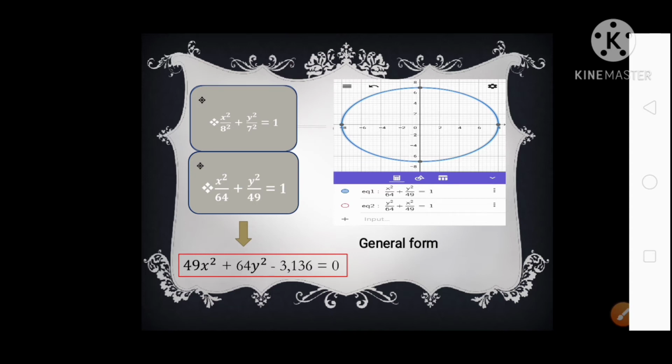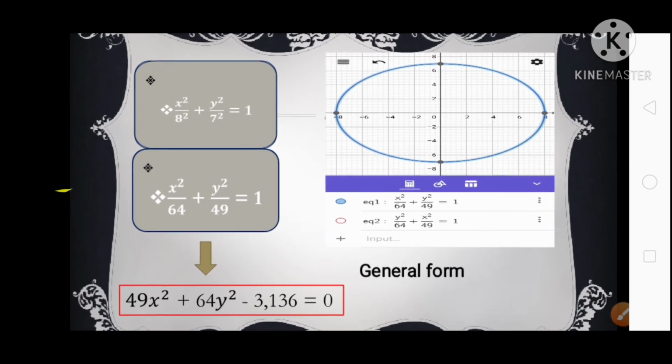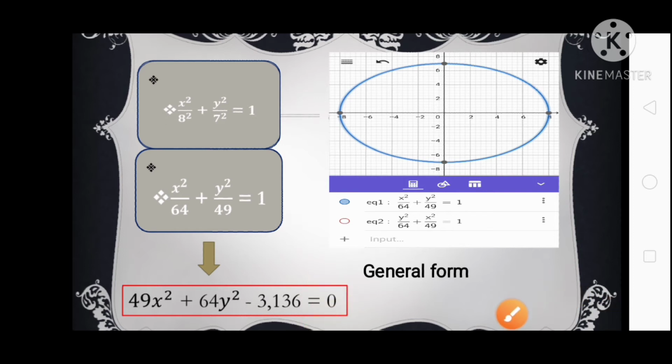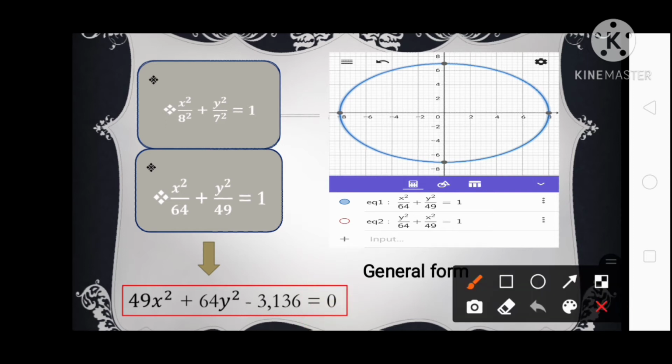So, the graph of the horizontally oriented ellipse looks like this. From the center to the edge of our major axis, we may count 8 units because that is the value of our a.